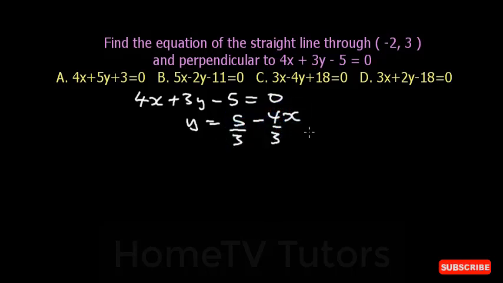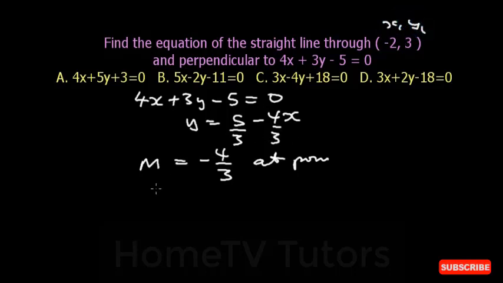And this makes the gradient m equal to minus 4 over 3, at the point x1, y1.